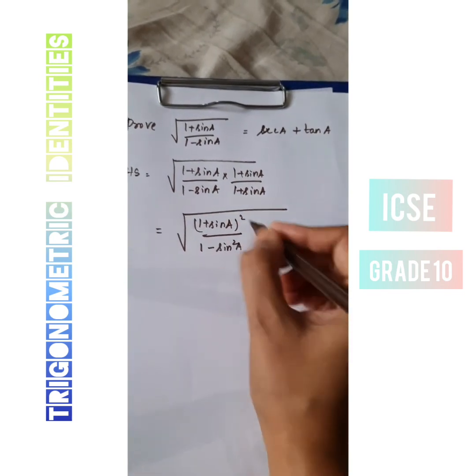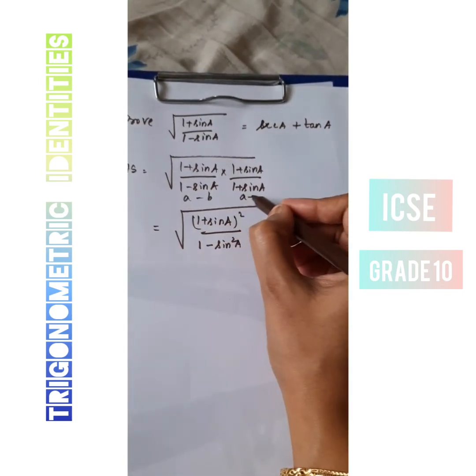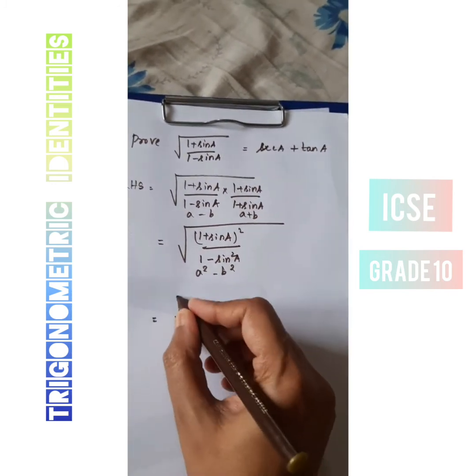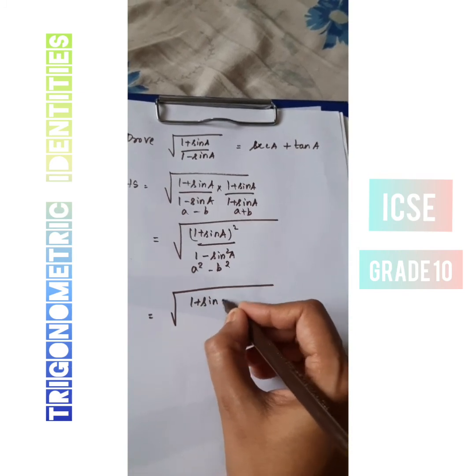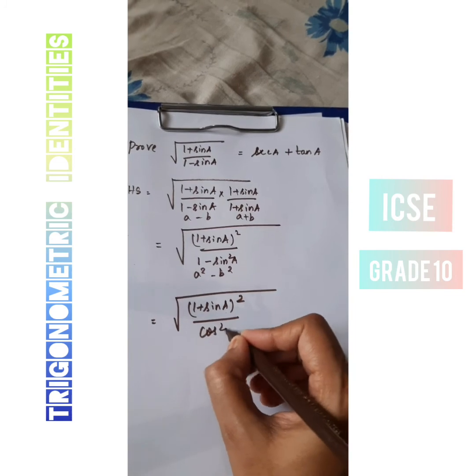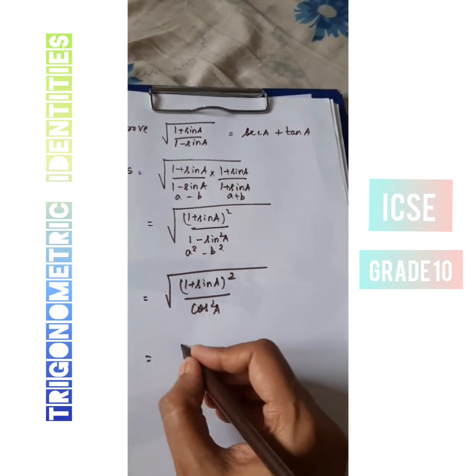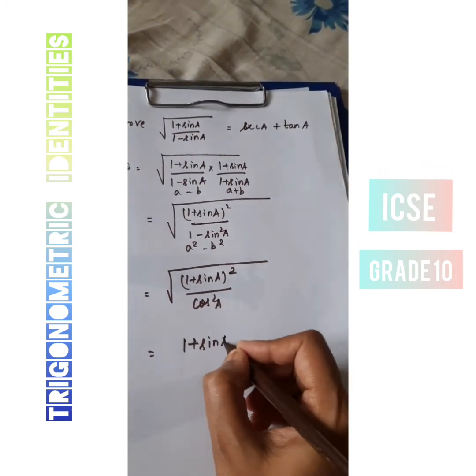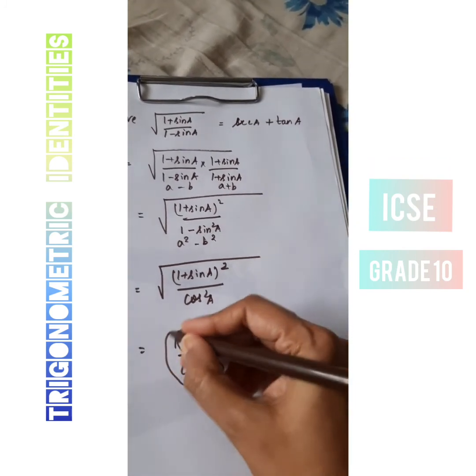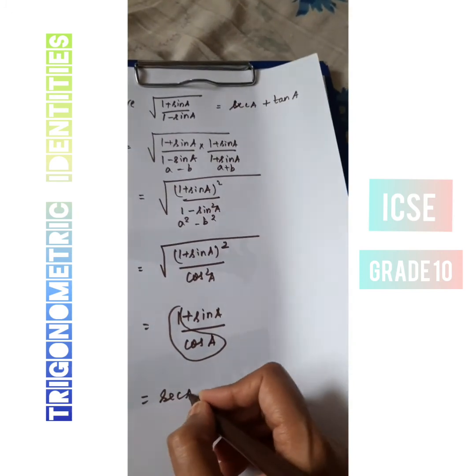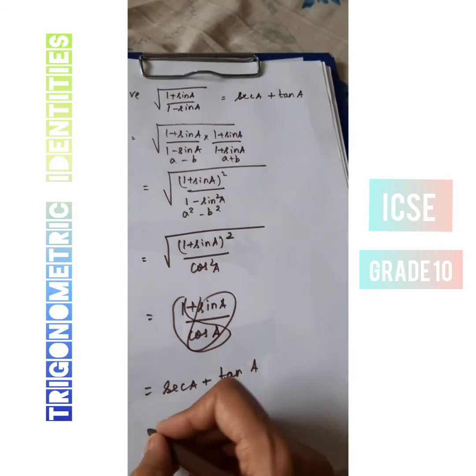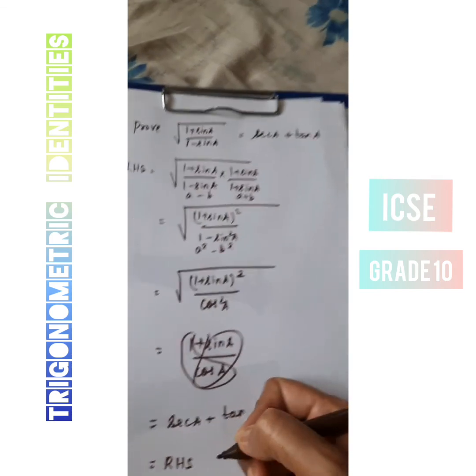So A is 1 minus sin square A. So that's going to be 1 plus sin A whole square divided by cos square. By removing the square root, it becomes 1 plus sin A by cos A. 1 by cos A can be written as secant A, as it's a reciprocal, and sin by cos can be written as tan A. And that's the RHS, hence proved.